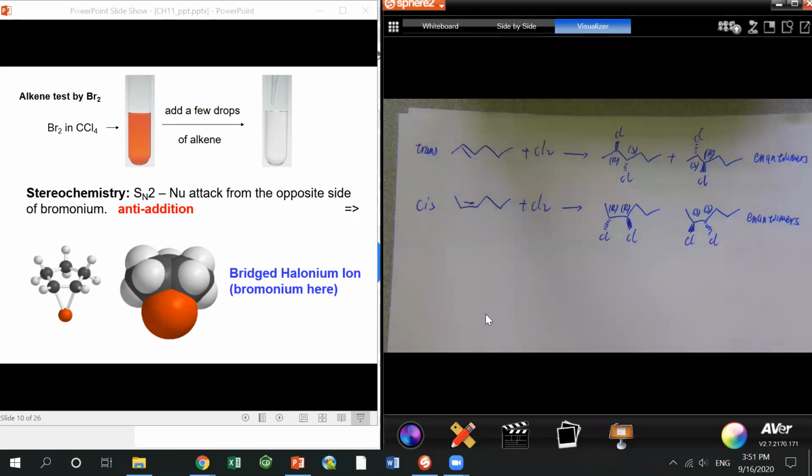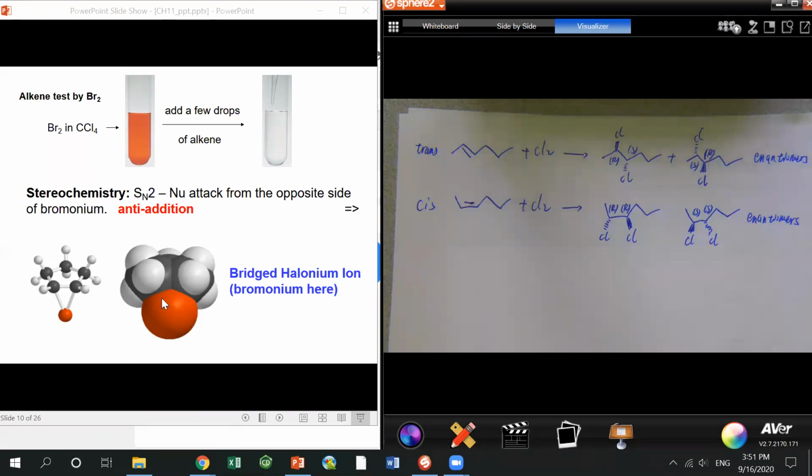Let me explain a little bit why it's anti-addition. This is a space-filling model, very close to the real molecular structure. You can see the bromonium intermediate.